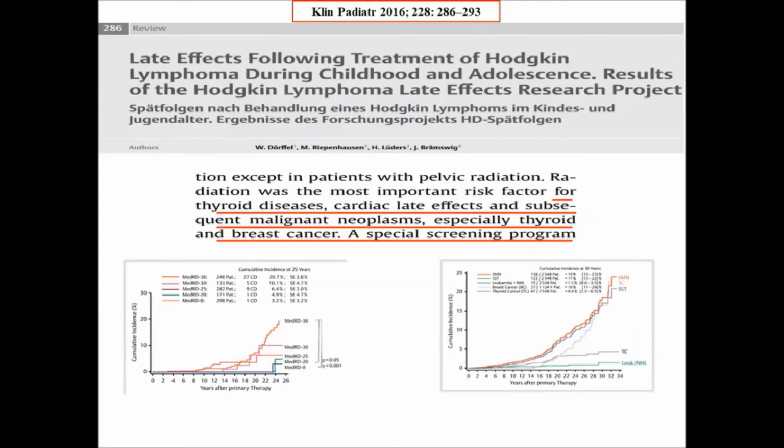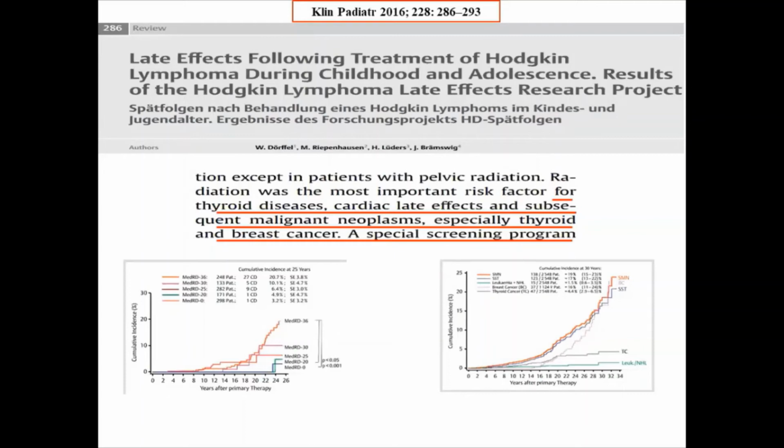This is a study that shows the late effects following treatment of Hodgkin's lymphoma during childhood and adolescence, the results of the Hodgkin lymphoma late effects study. It showed that survival rates have been excellent in patients treated for Hodgkin's lymphoma during childhood and adolescence.